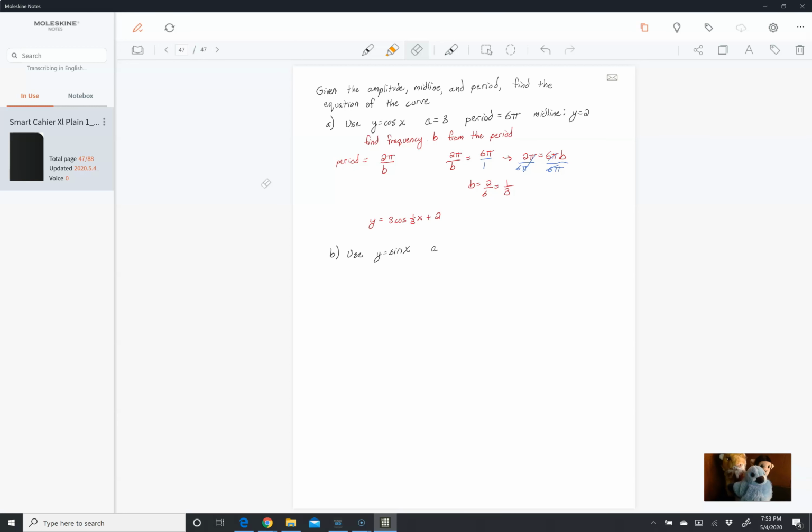And we give you your amplitude as 1/2, your period as pi over 7, your midline as y equals -5. Once again, the only thing that you need to find is the frequency.